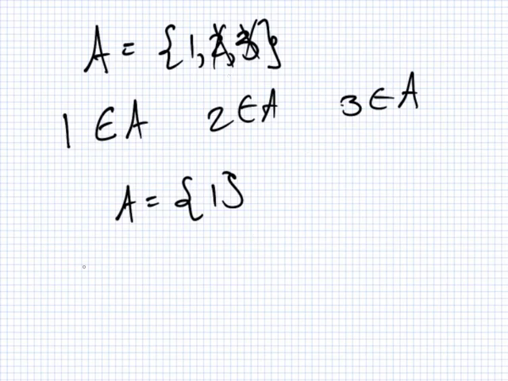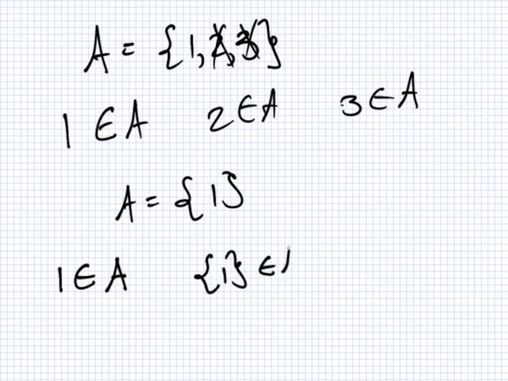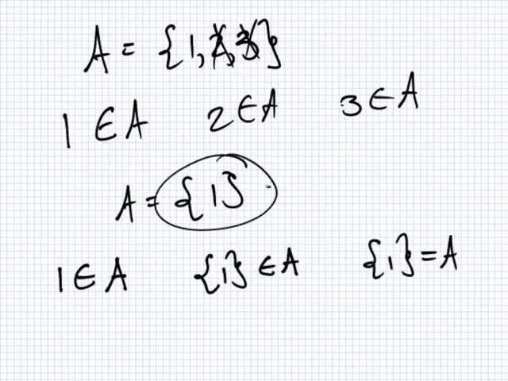Can I say 1 belongs to A? I can. But I can't really say the set 1 belongs to A. I could say the set 1 equals A, but this is not the same thing as just 1. They're different things.